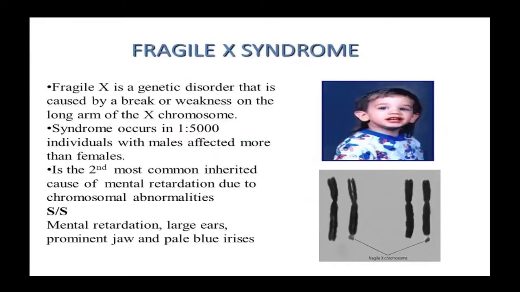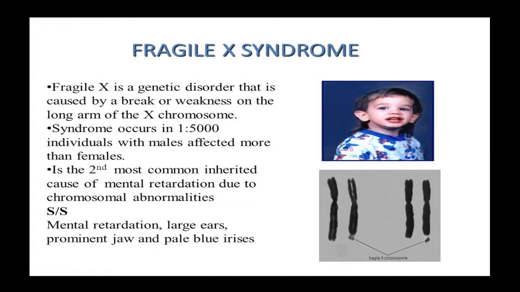The next genetic disorder is Fragile X syndrome. Fragile X is a genetic disorder which is caused by a break or weakness of the long arm of the X chromosome.